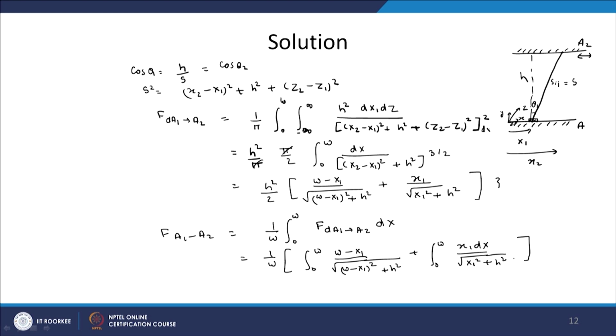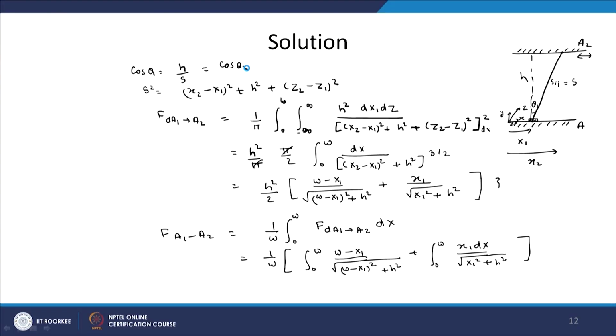So, these two integrals again can be solved easily. It is also worth observing that the two integrals are pretty much the same. We can change variables, and they will be the same. So, there should be a 2 here.